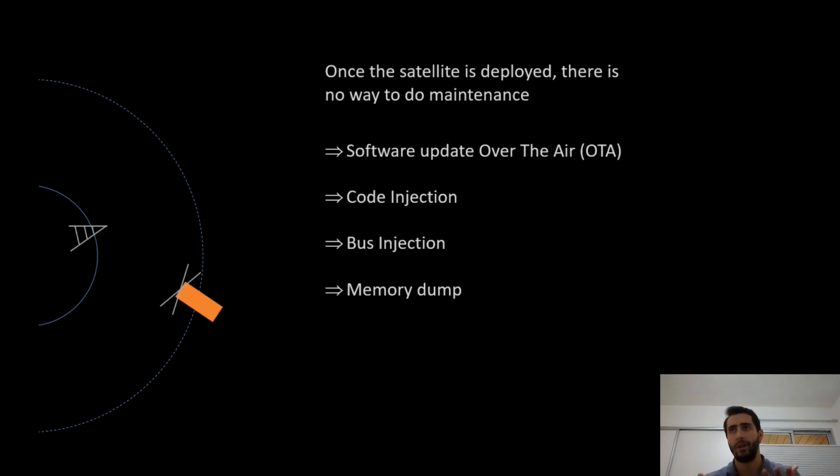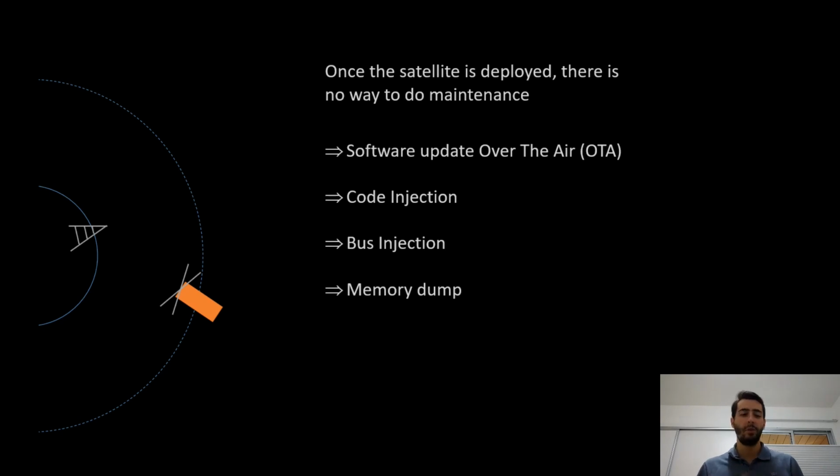A third option here, which is more a debug tool and not so much a maintenance tool, is bus injection. So bus injection is another idea that you can use to debug or communicate directly to peripherals that are connected to a bus.